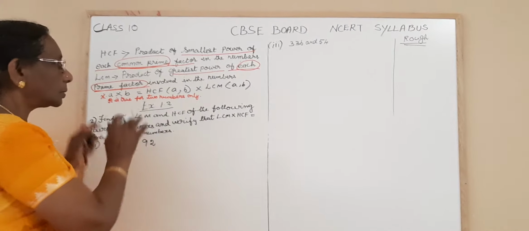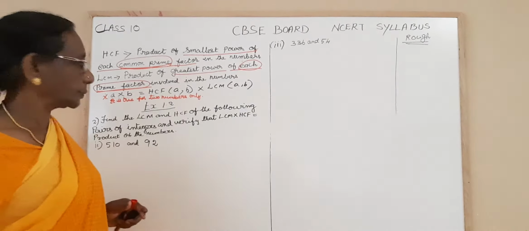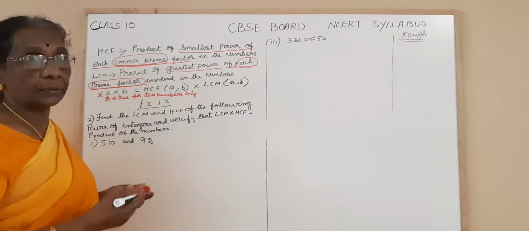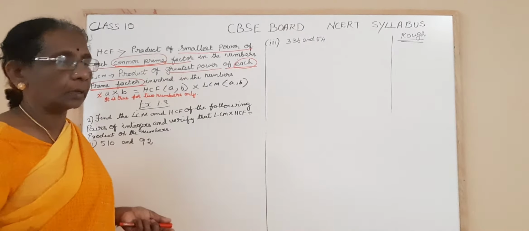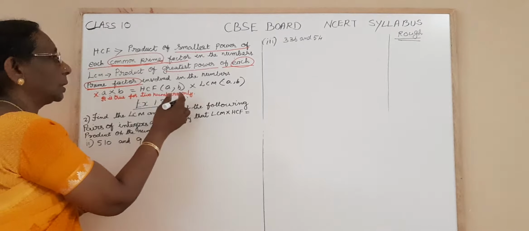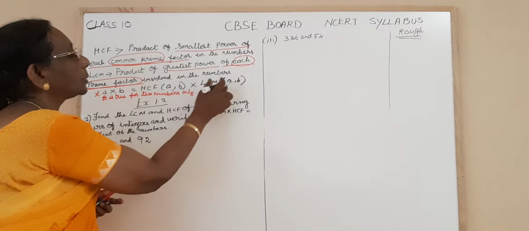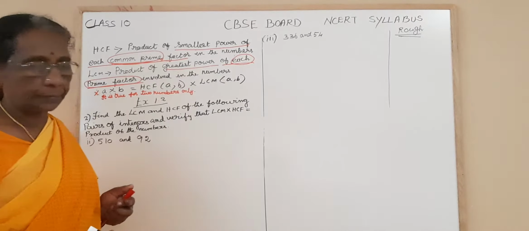So you can use this fact only for two numbers. You can check whether your HCF and LCM are correct or not by A into B is equal to HCF of A and B into LCM of A and B.